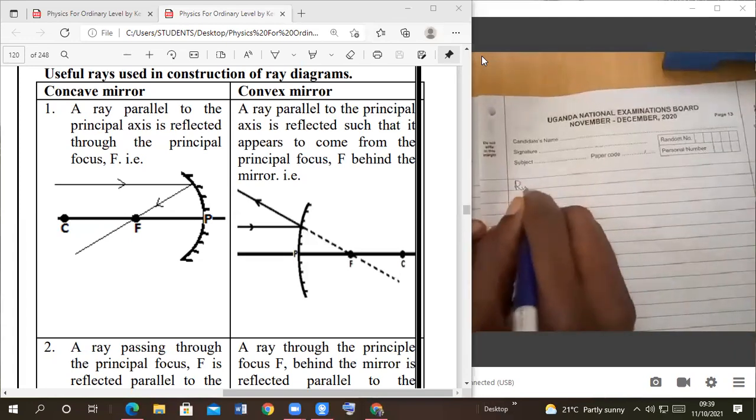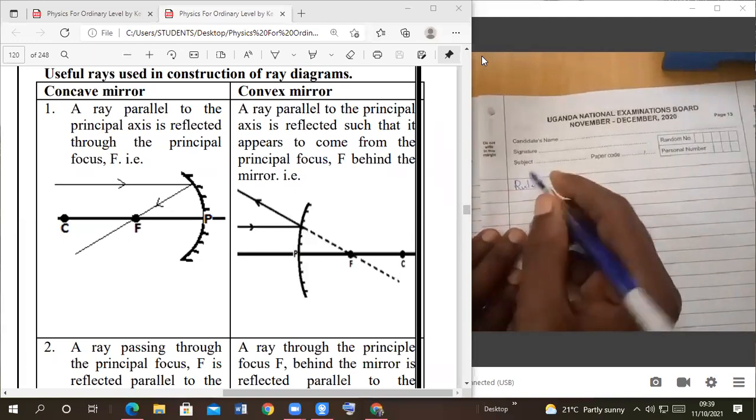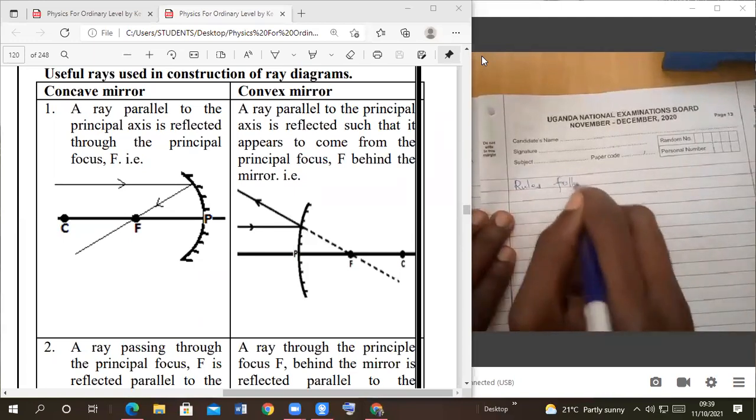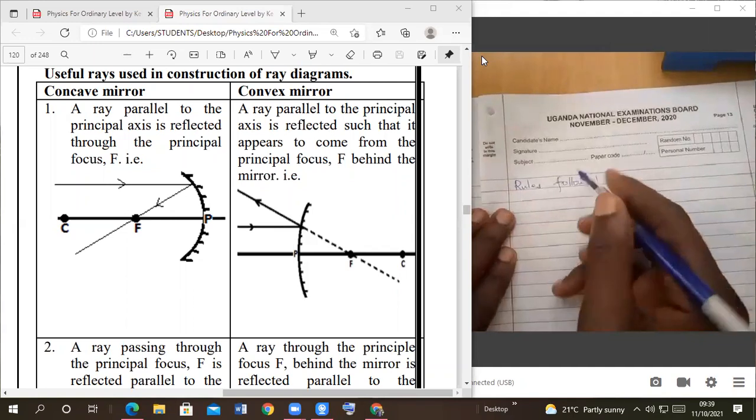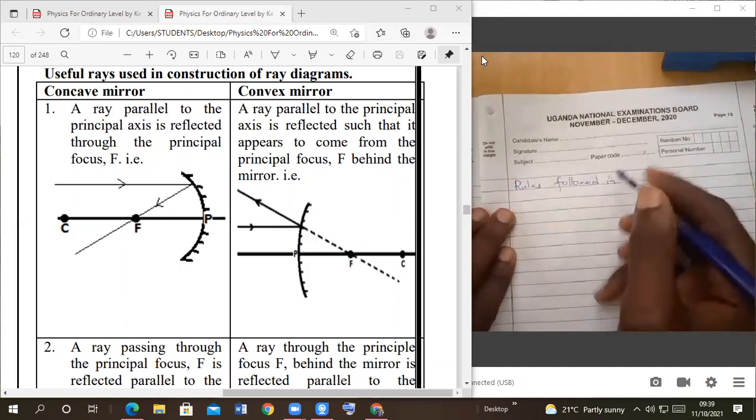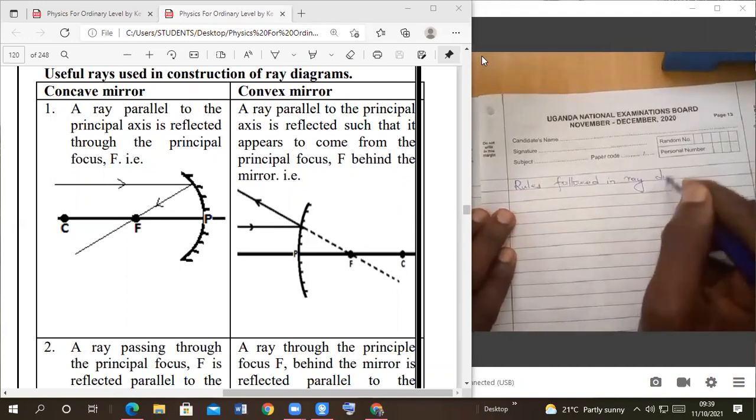Subheading, rules followed in ray diagram construction.